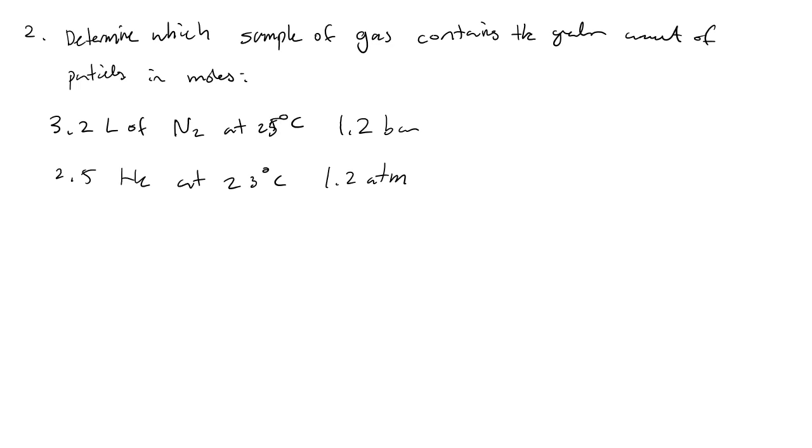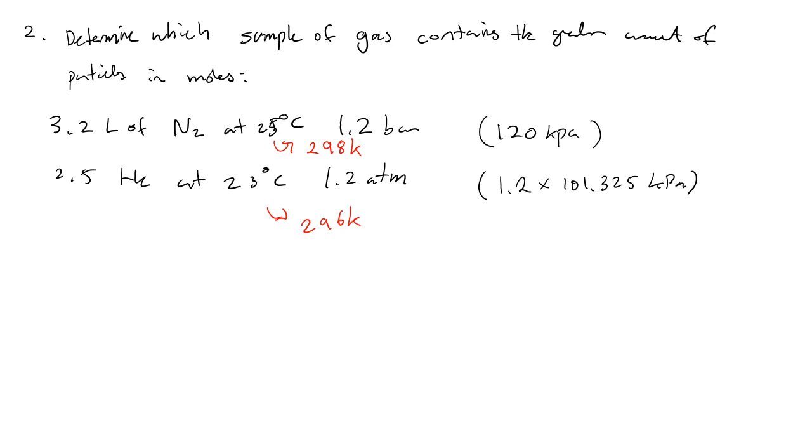Now 1.2 bar is equivalent to 120 kilopascals, and 1.2 atm is equal to 1.2 times 101.325 kilopascals. 25 degrees is equal to 298 Kelvin, so we add 273, and 23 degrees would be 296 Kelvin. Okay, so let's do the nitrogen first.